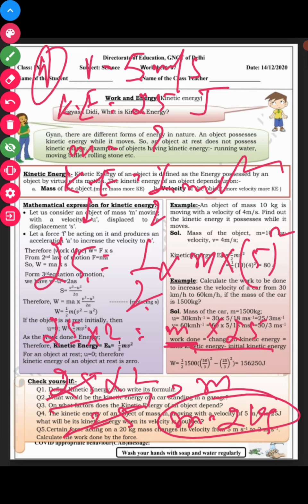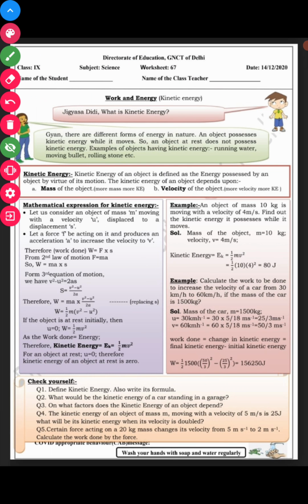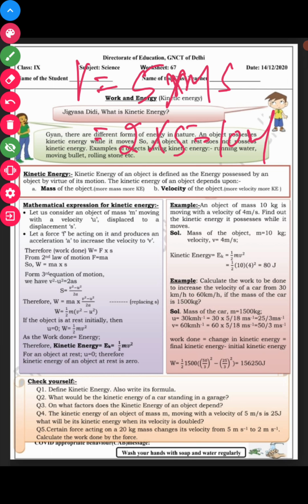Now further, what is in the question is what will be the kinetic energy if the velocity is doubled. Okay, first we are given the velocity 5 meter per second. Now velocity is doubled, so we will get 10 meter per second. Mass we have just found out, 2 kilogram.